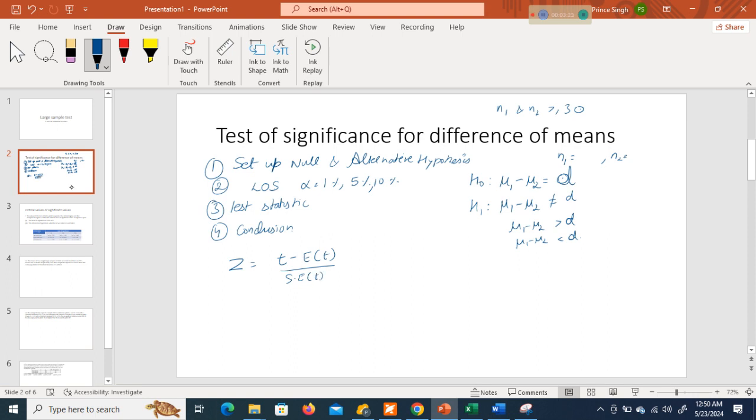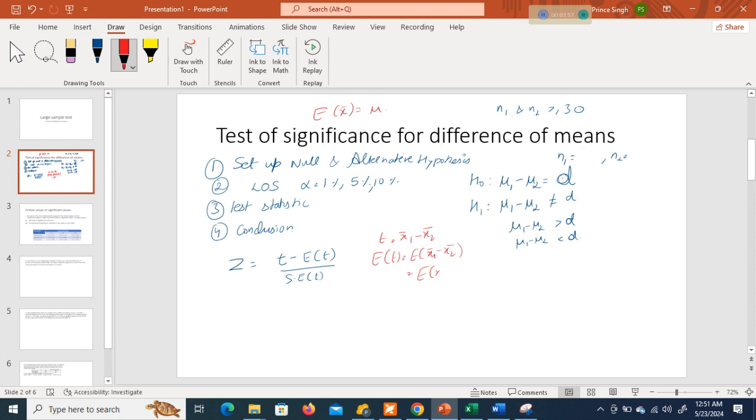Because we want to test the significance of the difference of means, our estimator t will be the difference of sample means, t is equal to x1 bar minus x2 bar, right? And what is the expectation of t? We know that the sample mean is an unbiased estimator of the population mean, so expectation of x bar is mu.